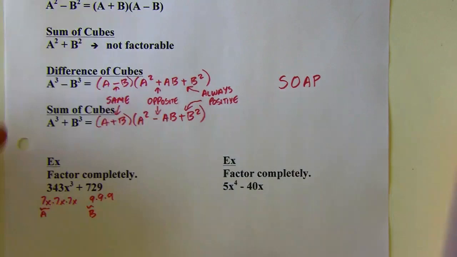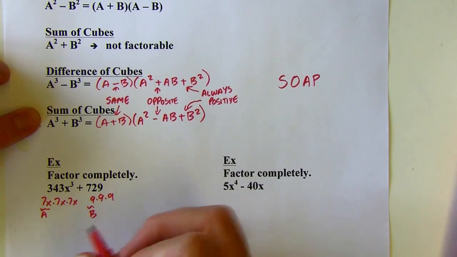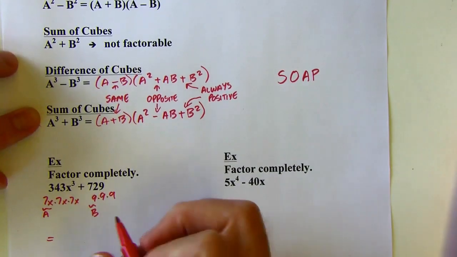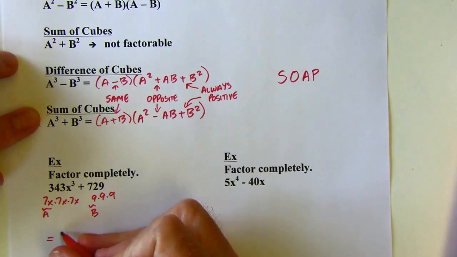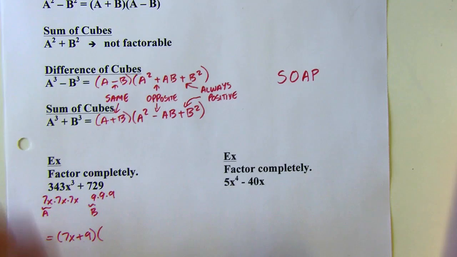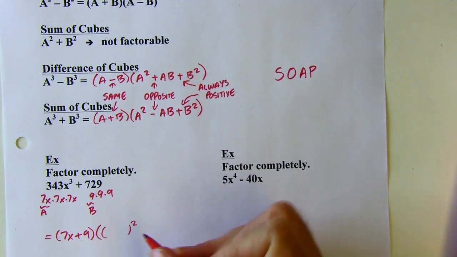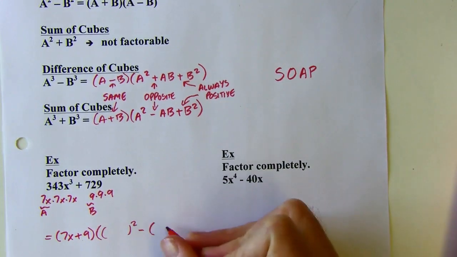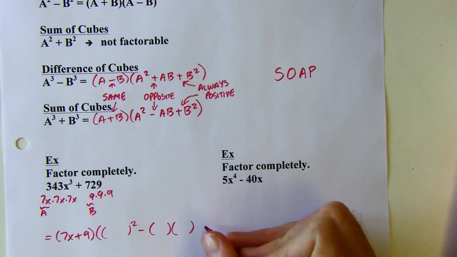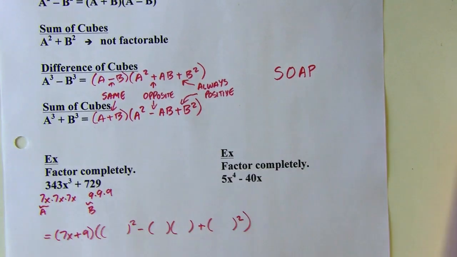So let's follow this format then, okay? So it's going to start out with A plus B. So A plus B, so 7x plus 9, okay? And then what I like to do for the trinomial is to set up blank parentheses. It's really going to help to keep things in order, okay?